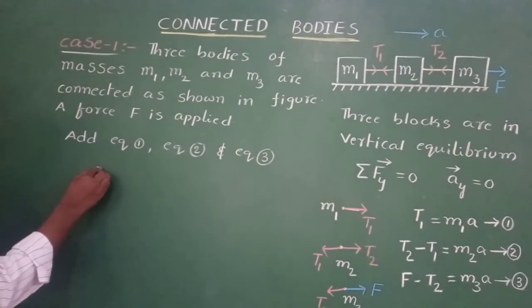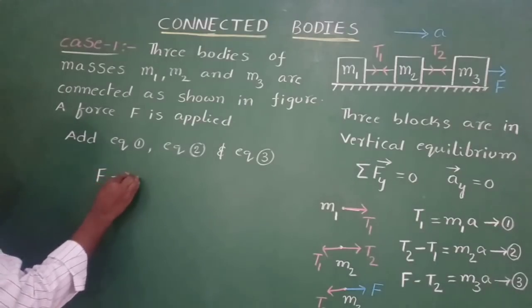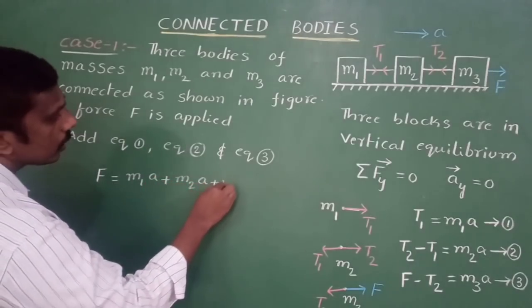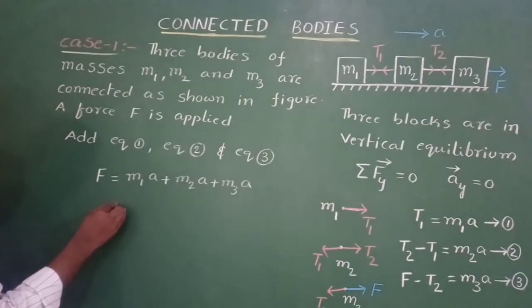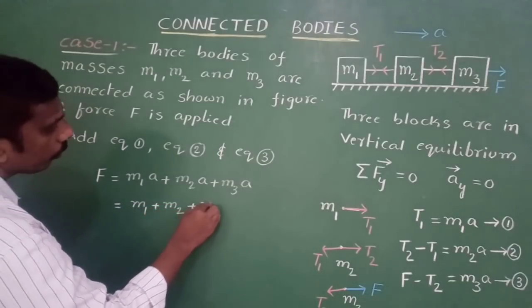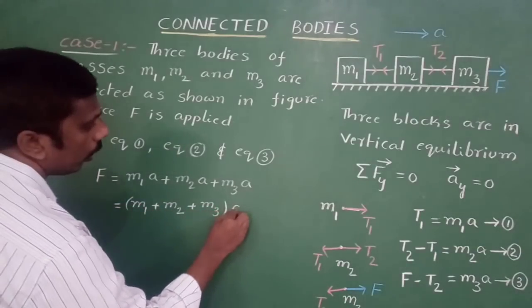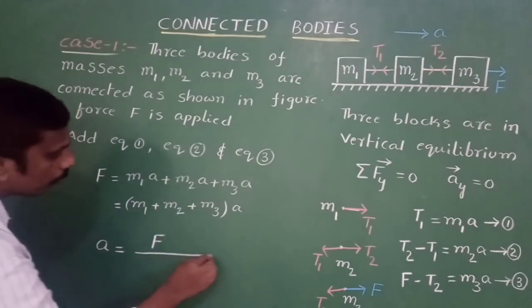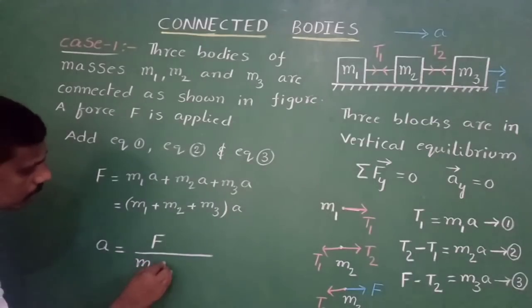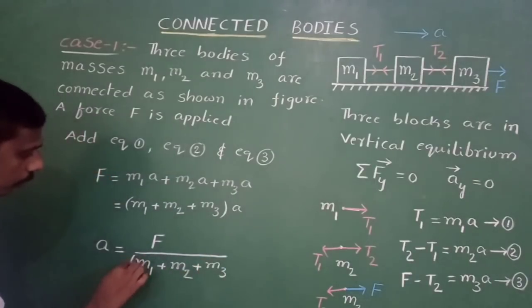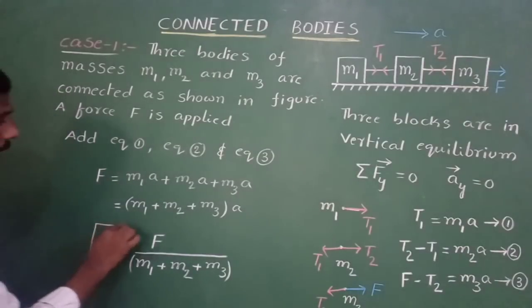After adding, we get one equation, that is F is equal to M1 into A plus M2 into A plus M3 into A. In this, take A common, then you get M1 plus M2 plus M3 into A. Finally, the acceleration of the blocks A is equal to F divided by M1 plus M2 plus M3. This is the acceleration of the system.